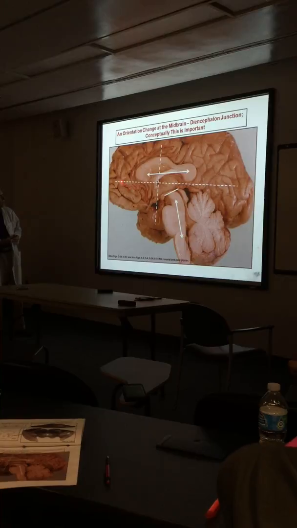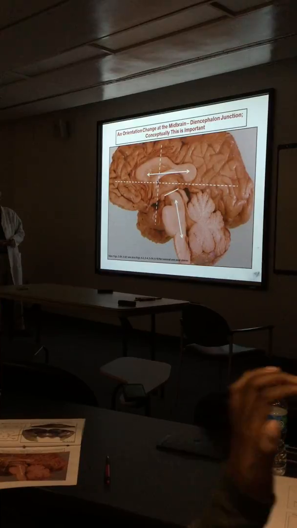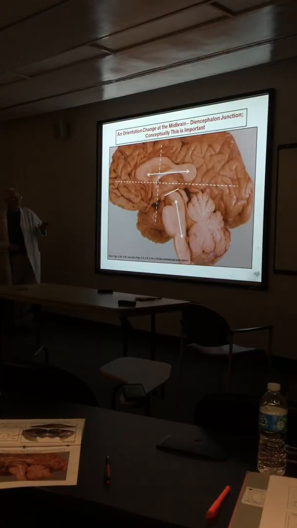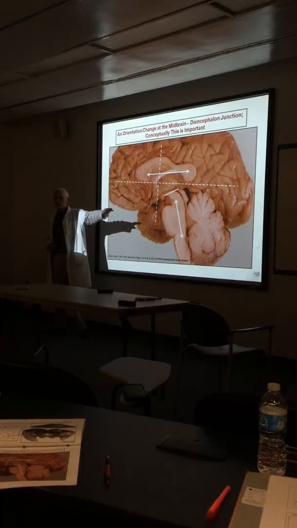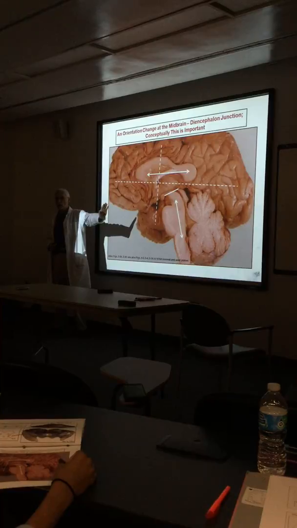So in an axial view, we're looking at it that way. In a coronal view, we're looking at it this way. And what we're doing, the axial view is parallel to the long axis of the hemisphere. The coronal view is cross-section of that long axis. Everybody following?